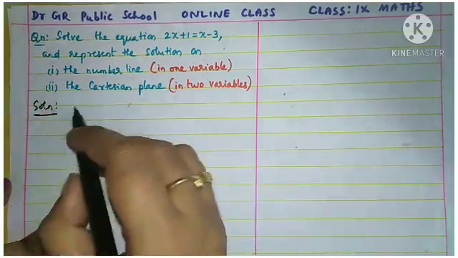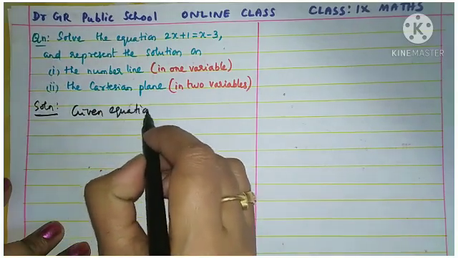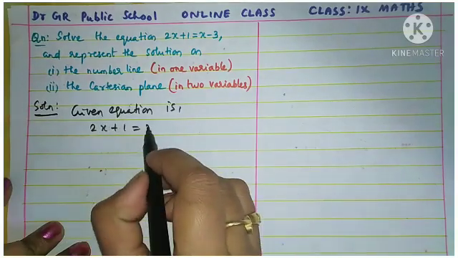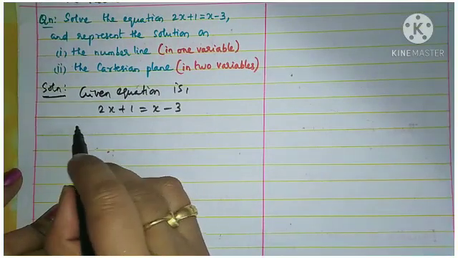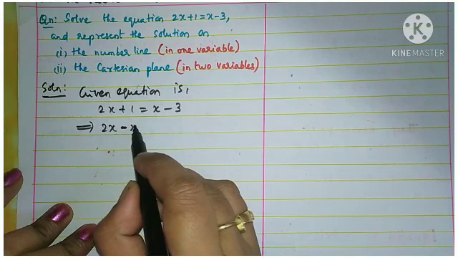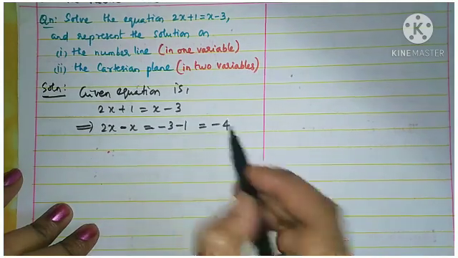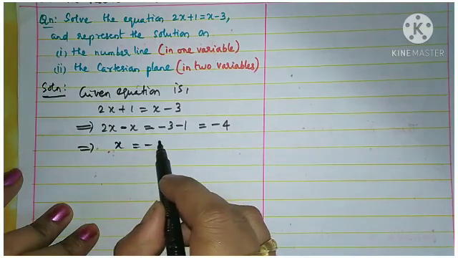The given equation is 2x plus 1 equal to x minus 3. First you want to solve this equation as we did earlier. So collect the variables on one side. 2x minus x is x, equal to minus 3 minus 1, that is minus 4. So x equal to minus 4.